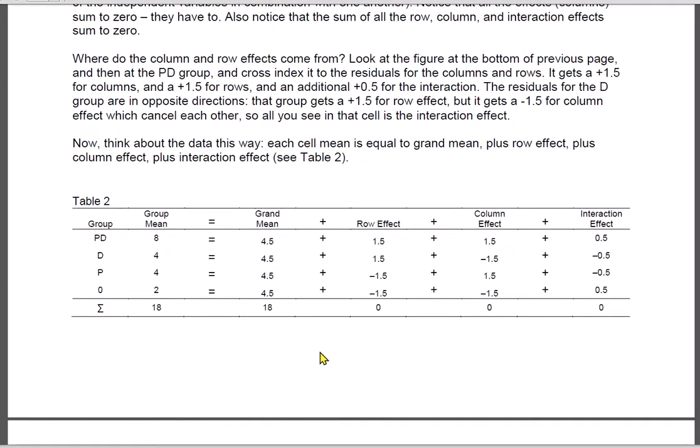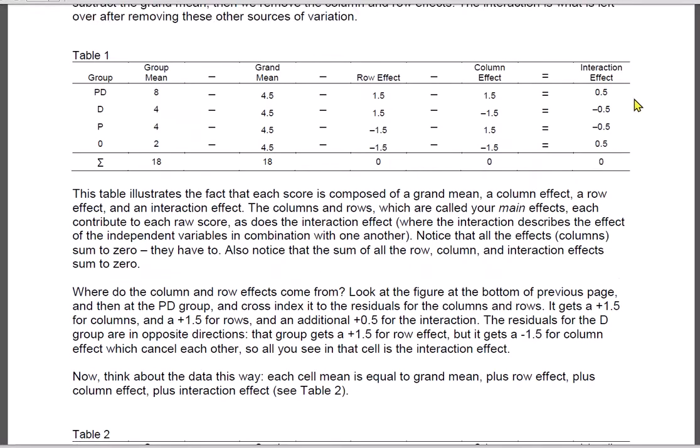Now, here's a different way of lining the same numbers up, and the way that this one works is like this. You can think of every individual cell mean or group mean as being equal to each of these different components. So the first table I showed how we get to this part, which is not intuitive because it's not in that table at the bottom of page 39.